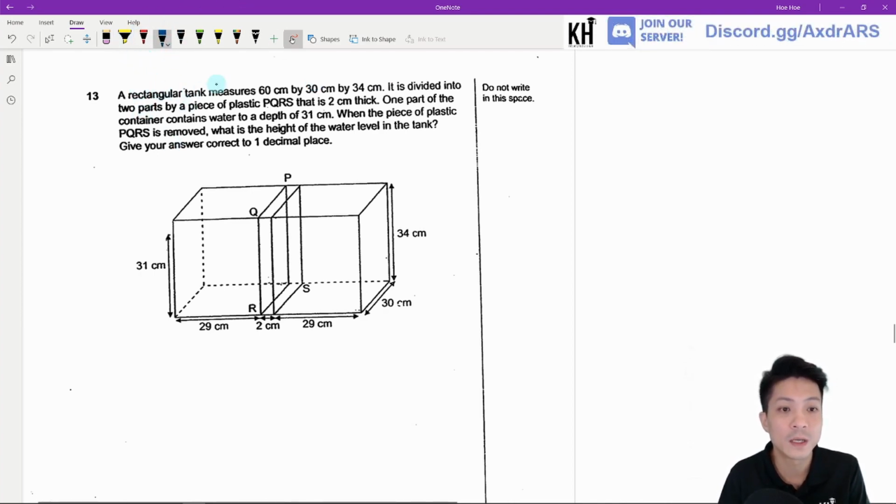Question 13. A rectangular tank measures 60 cm by 30 cm by 34 cm. It is divided into 2 parts by a piece of plastic PQRS. So it will be this thing over here in the middle.